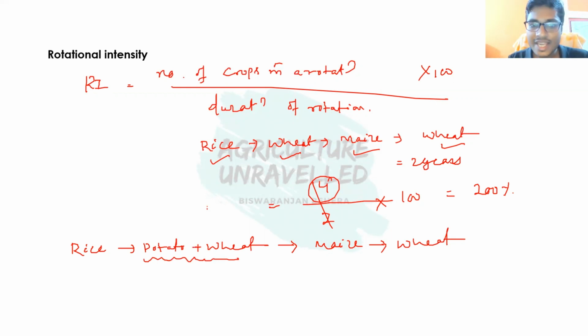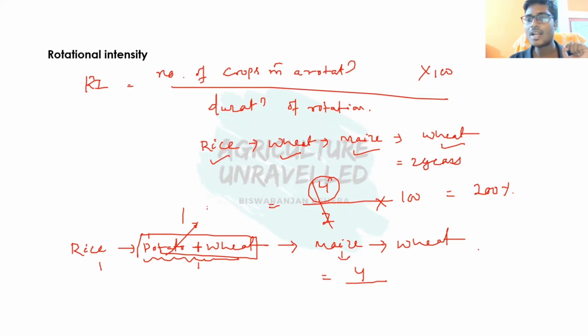So if a plus sign is there, then we'll consider it as one crop. So the number of crops is 4, divided by the duration of the rotation. That will also be 2 years, because rice in Kharif season, in Rabi season potato plus wheat, in the next Kharif season maize, and in the next Rabi season wheat. So the rotational intensity will also be 200%.